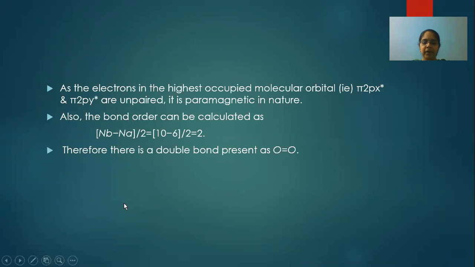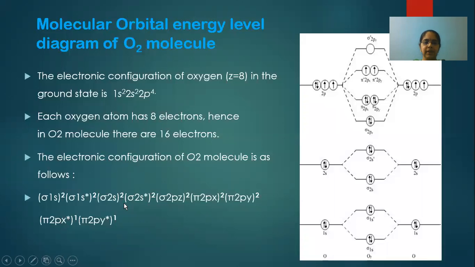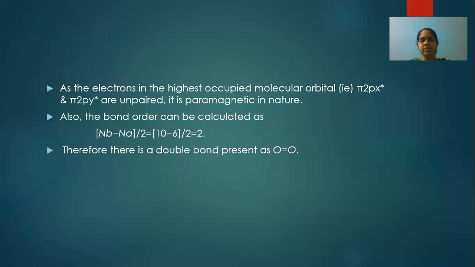Now coming to the magnetic properties, as the pi star 2px and pi star 2py molecular orbitals are singly filled, that means they have only one electron and are not paired. So 2 unpaired electrons are present in the molecular orbital configuration of oxygen. As it contains unpaired electrons, the oxygen molecule is paramagnetic in nature.